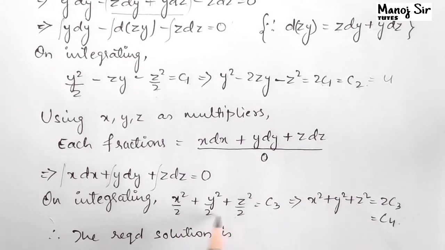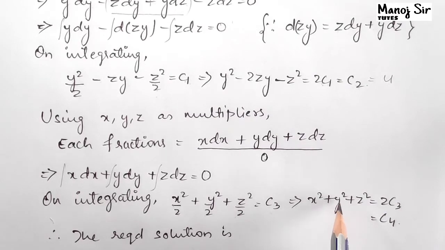Taking the 2 to the right hand side as LCM, you will get x square plus y square plus z square equals 2 times c3. Since twice c3 is a constant, in its place we are writing a new constant, c4.